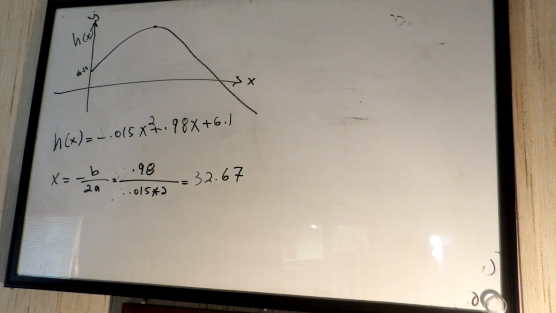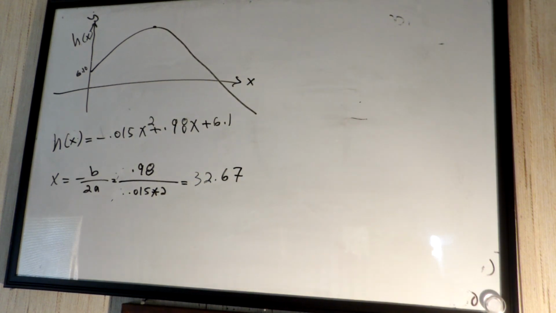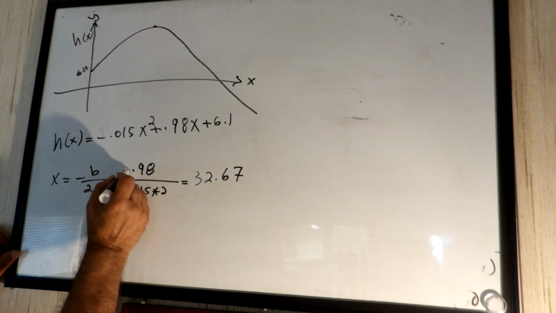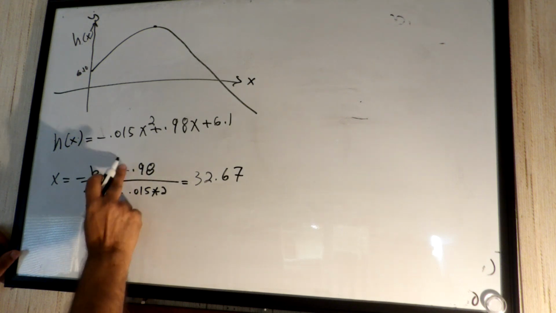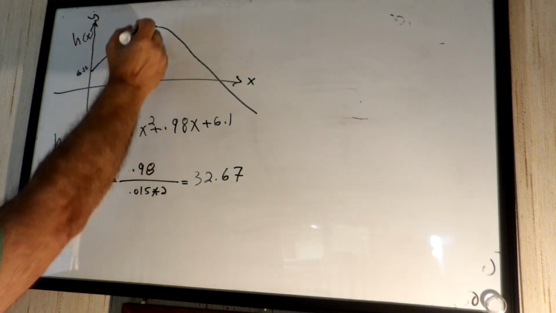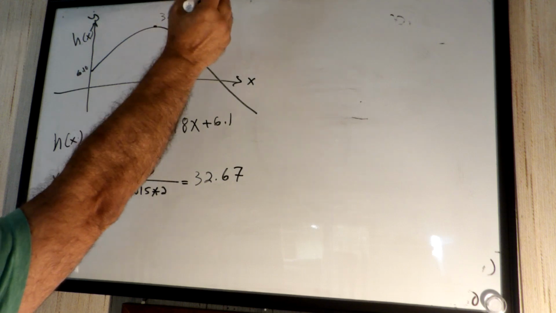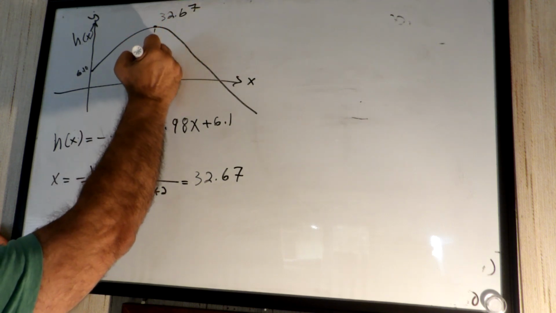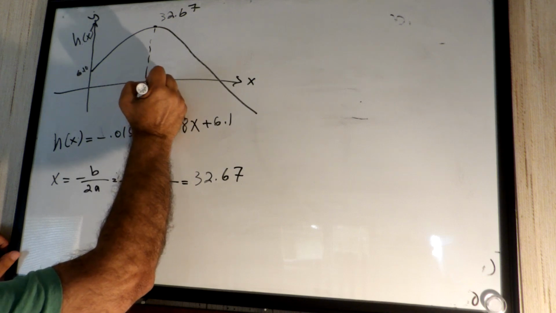We rounded to 2 decimal places. The negative cancels out, so it's going to be 32.67. So here it is, 32.67.